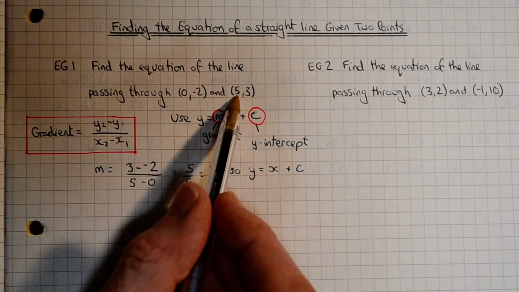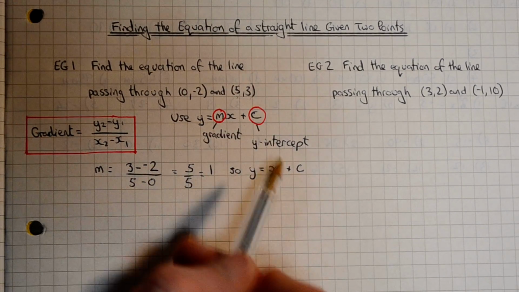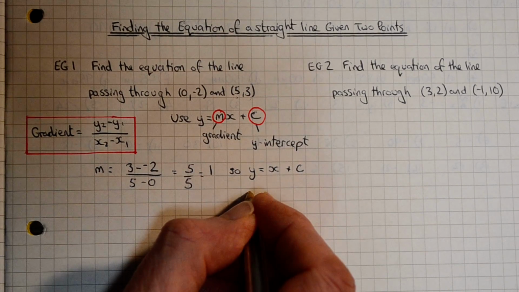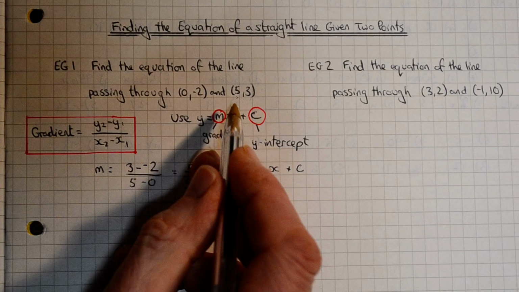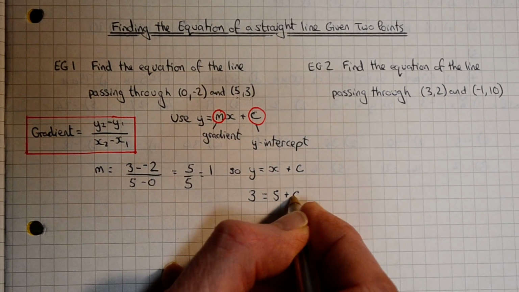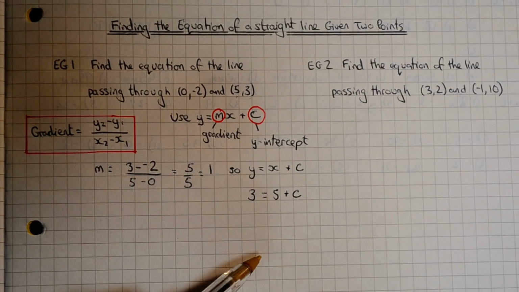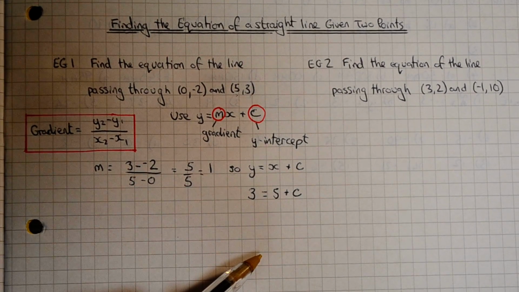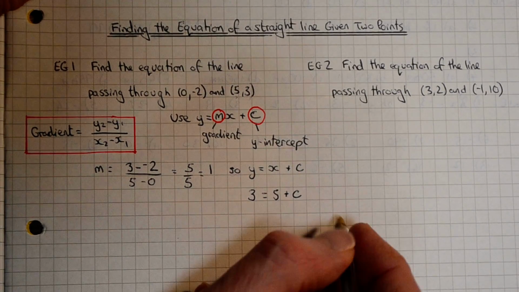So the x coordinate is 5 when the y coordinate is 3. So if the y coordinate is 3, I'll put that there instead of the y. The x coordinate is 5, so I'll put that instead of the x. So 3 equals 5 plus what? Well, if we're not sure, we can solve this equation using the balancing method.